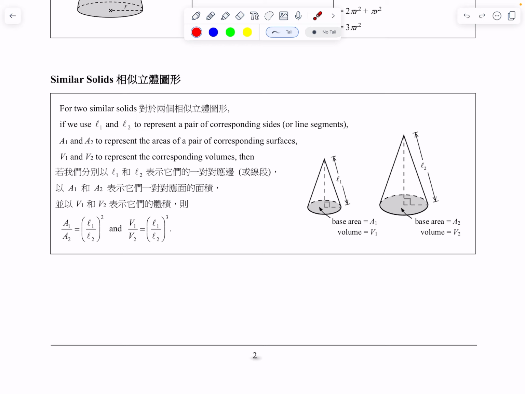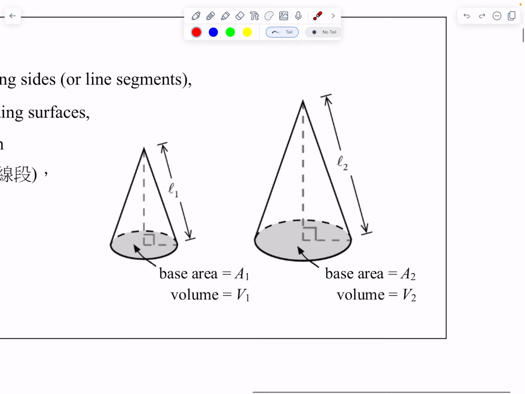So what is so special? For any similar figures, they may not be the same. The size may not be the same, but the shape is the same. Okay, what's so special about them?